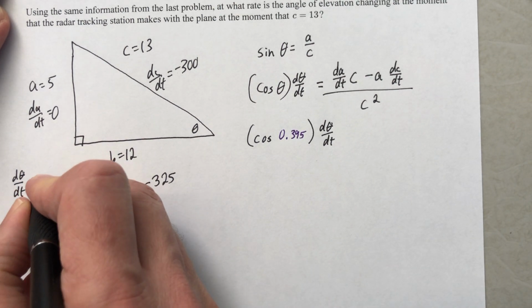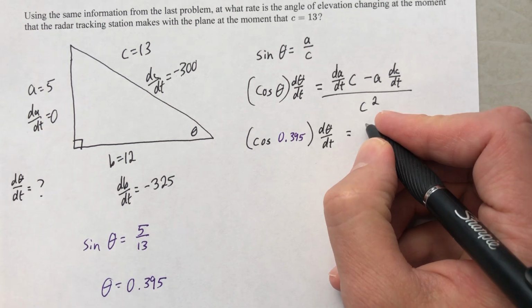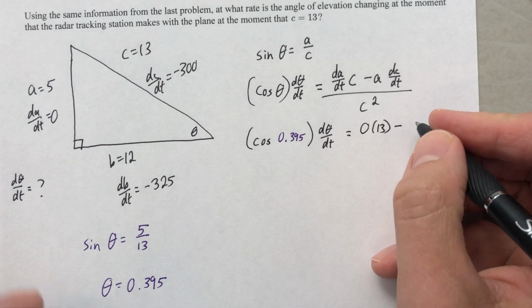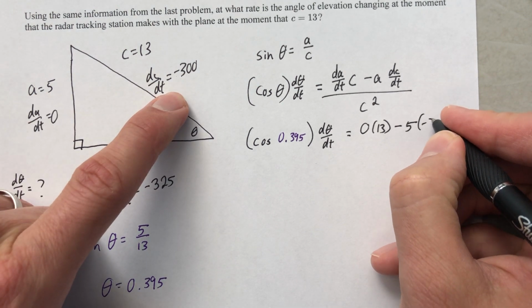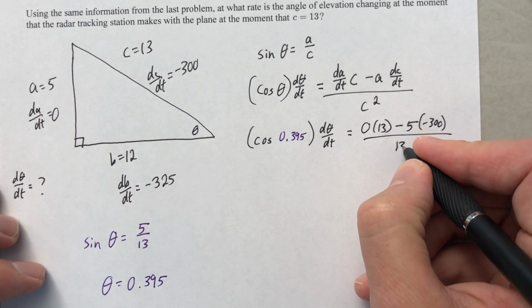They're asking for this. It equals, dA dt is 0, lucky us. C is 13, doesn't matter because it's about to get multiplied by 0. 5 times negative 300, all divided by C squared, so 13 squared.